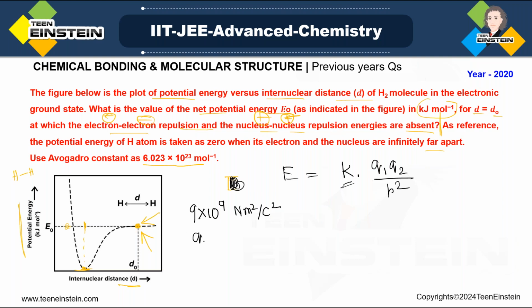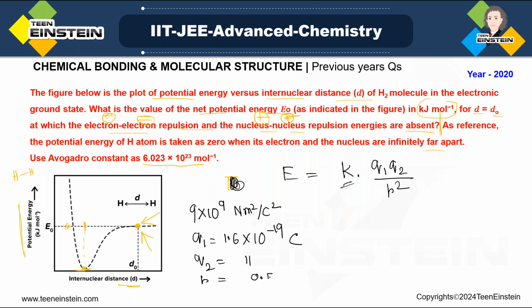And here Q1 charge is actually the charge of electron or charge of proton, both are same, only one is negative, but the numerical value is same. This is Coulomb Q1, which is also true for Q2, same. And the R distance that you will consider here is actually the Bohr's radius.